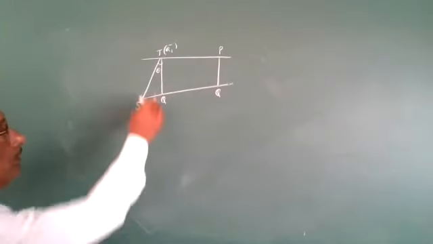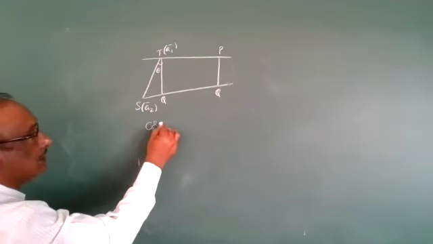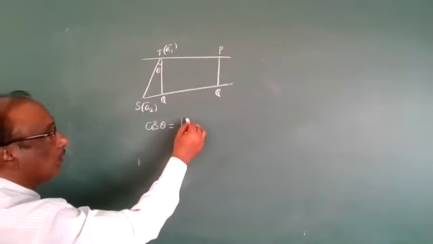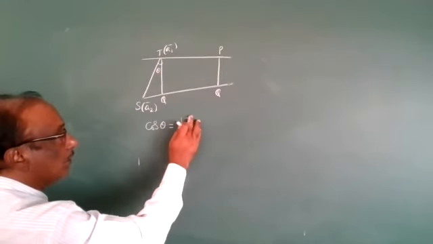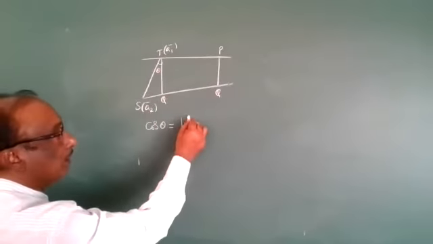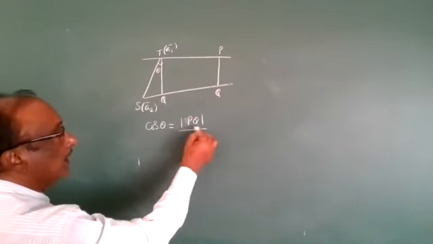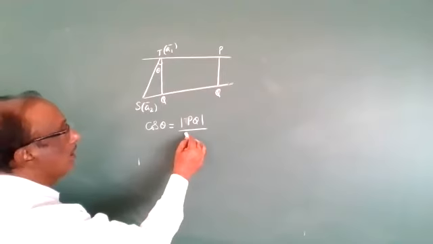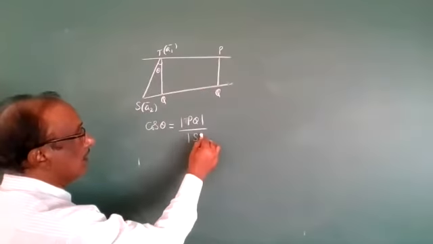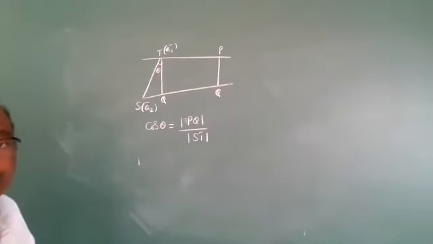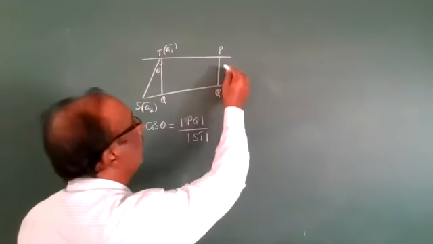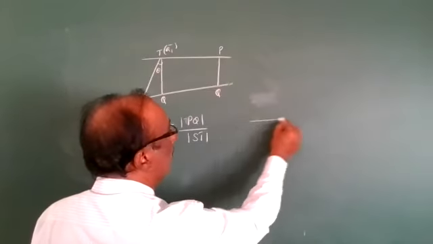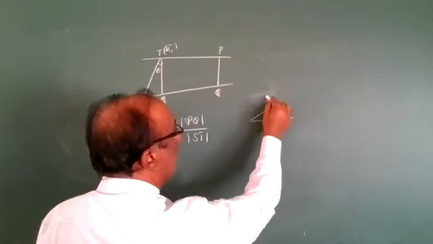Now we find by the right angle triangle: cos theta is equal to adjacent side by hypotenuse. The adjacent side is TQ, which is the same as PQ, by modulus of ST, since they differ only by a constant. Next, PQ is perpendicular to L1 and L2.